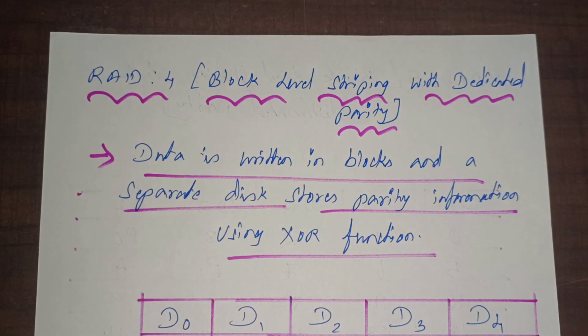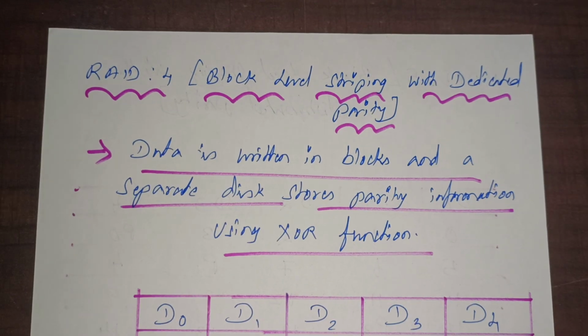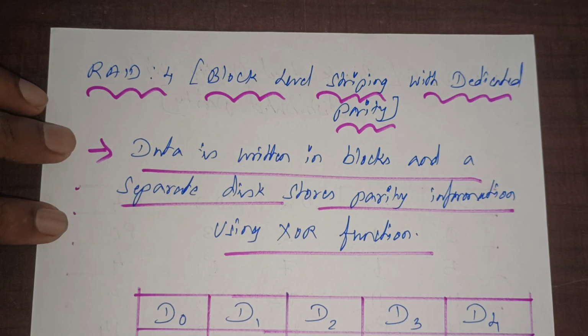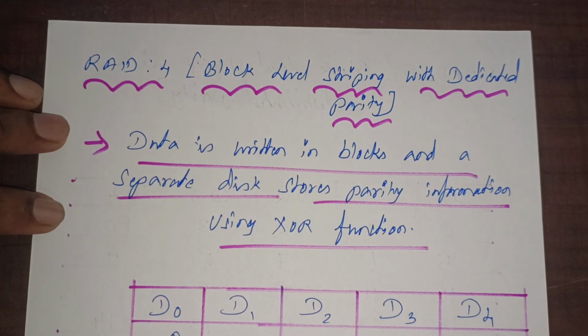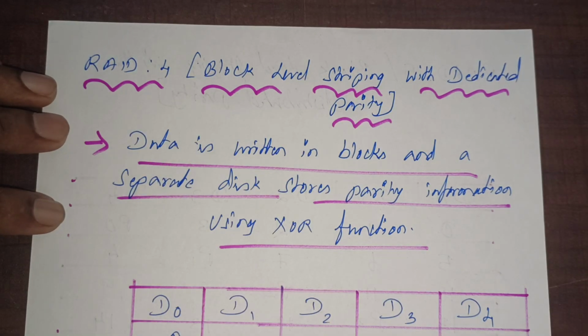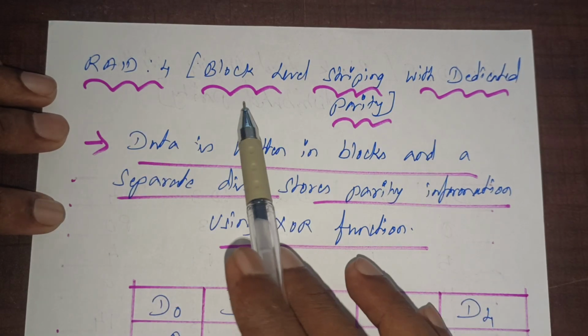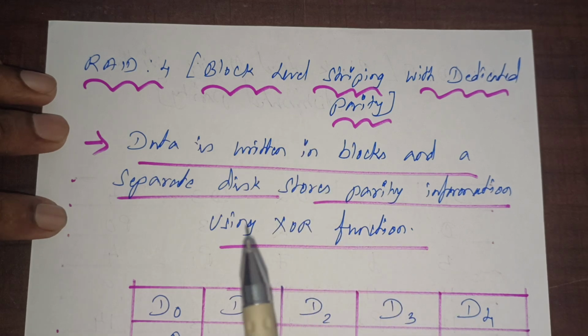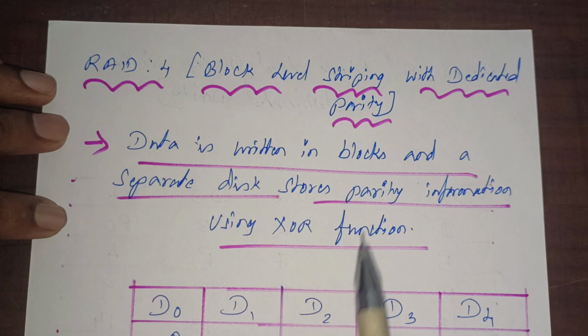If any of the data has very limited access or a small size, it may take much time to access the data. So RAID 4 is introduced. RAID 4 is for block level, and it also combines a dedicated parity disk to provide fault tolerance.